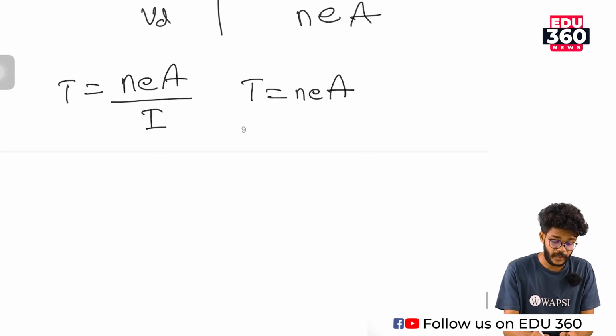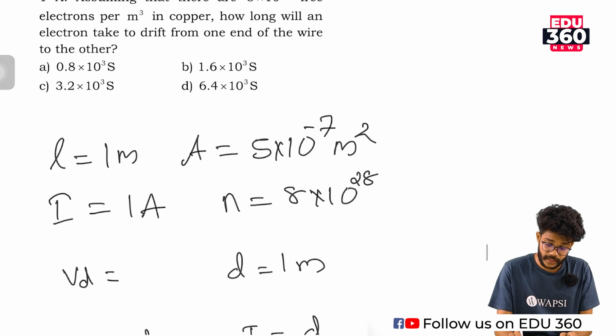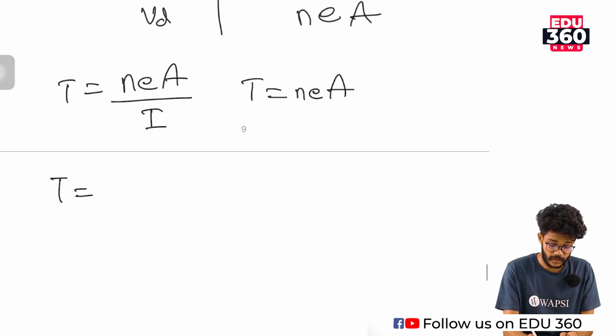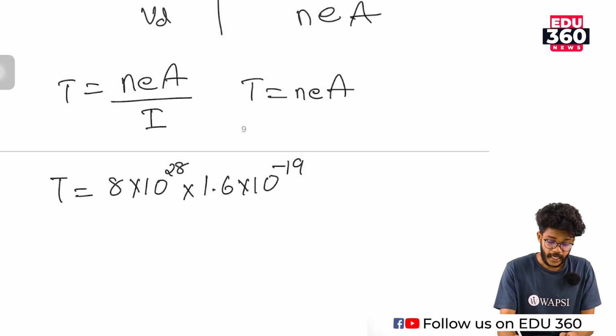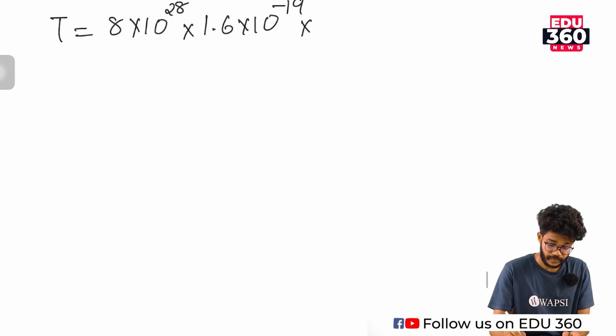Okay, substituting the values, T is equal to N, which is 8 into 10 raised to 28, and the charge is 1.6 into 10 raised to minus 19 coulomb, and the area is 5 into 10 raised to minus 7.